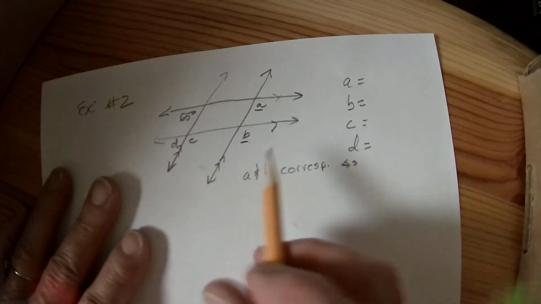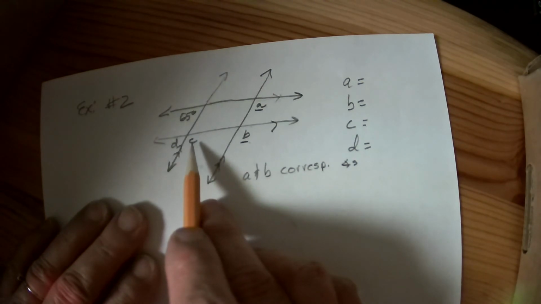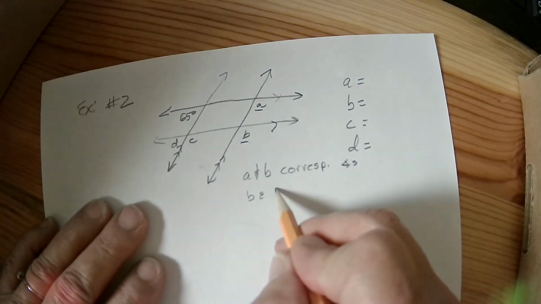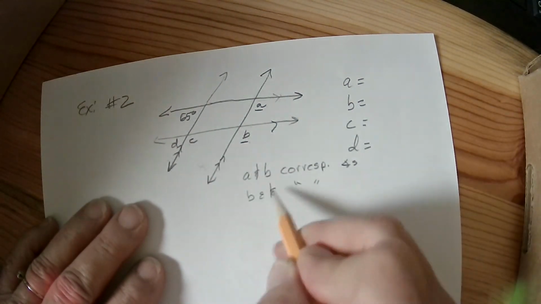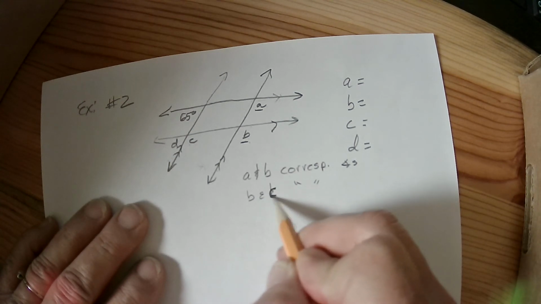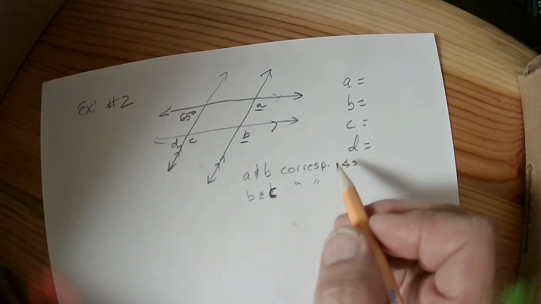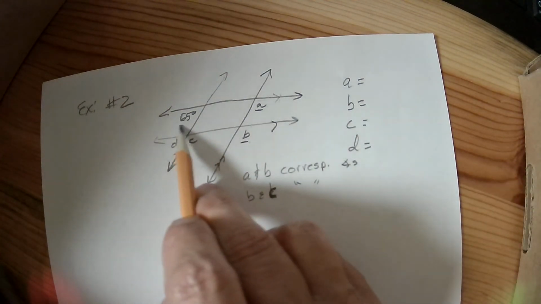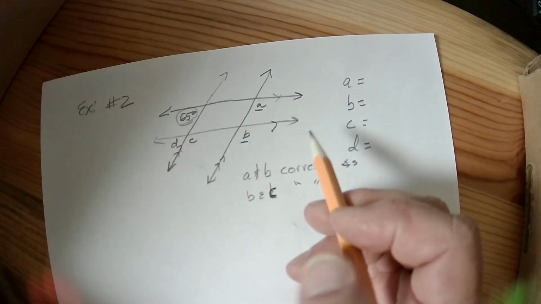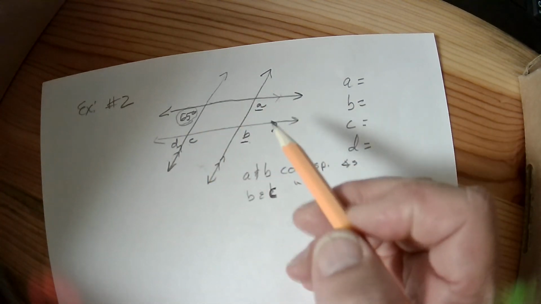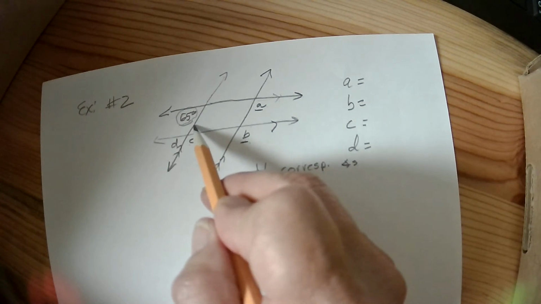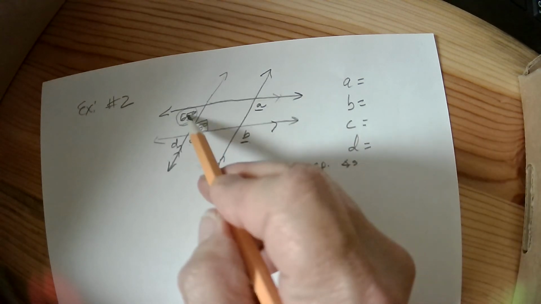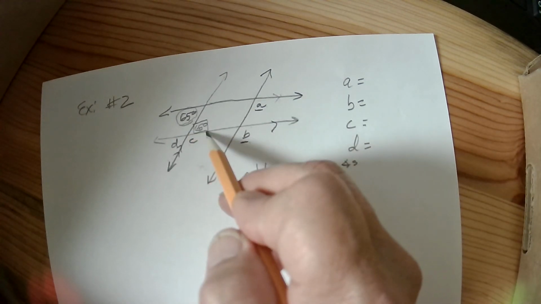I know B and C are also corresponding because they're in the same position. Also corresponding. B and C, this should be a C, sorry. And I also know if this is 65 degrees, then this angle right here is also 65 degrees because those are alternate interior angles.